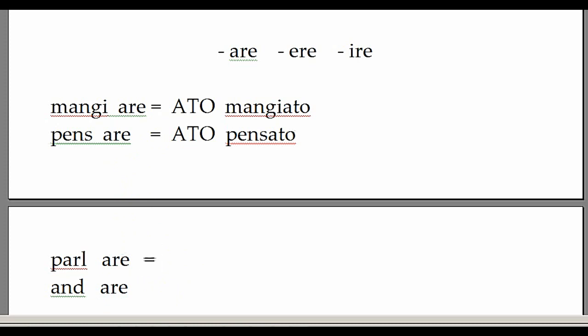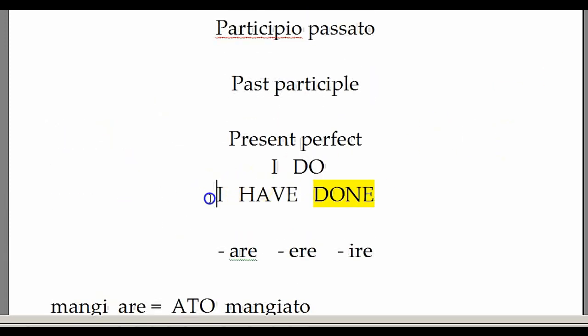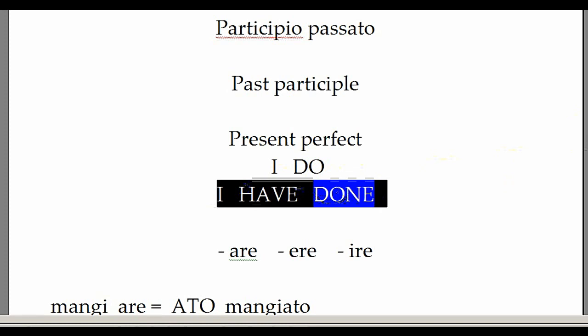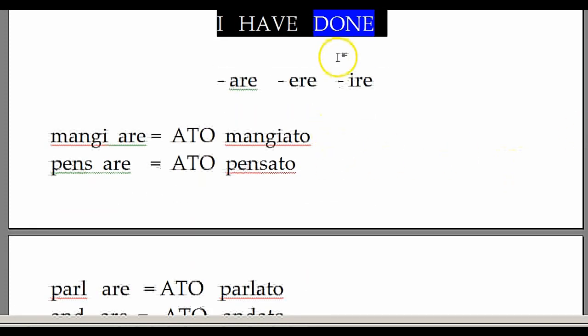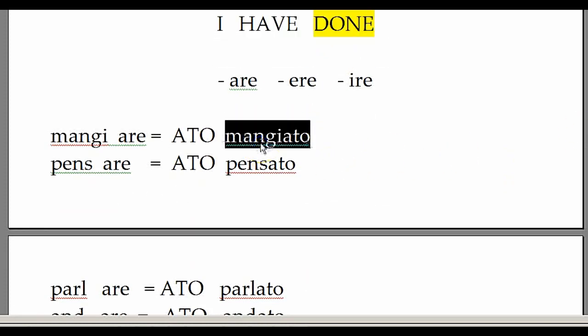Pensare, as you will, also are will be replaced by ato, and it is pensato. Same operation. Parlare, parlato. One more, and andare becomes andato. Now, since it is used in the same type of construction as I have done, this is the equivalent in English of eaten.